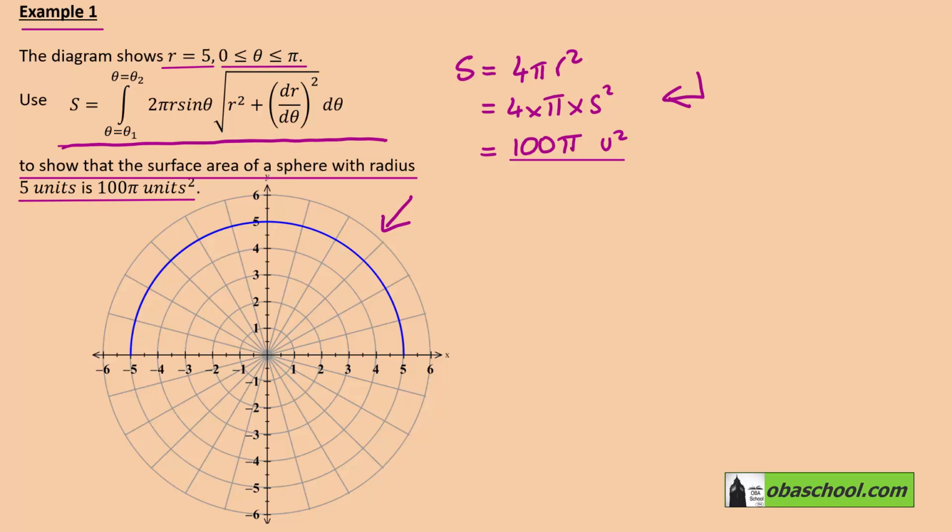of such a sphere. So, in this case, we know that r is equal to 5, and that means dr d theta is equal to 0, because we're just differentiating a constant.